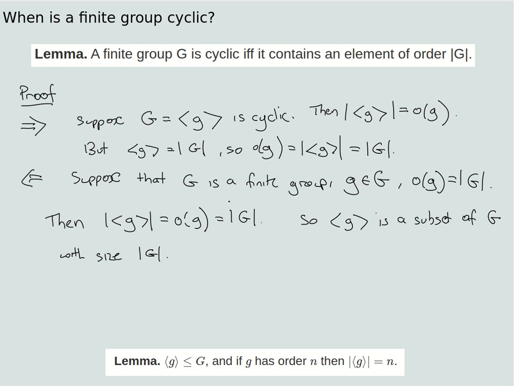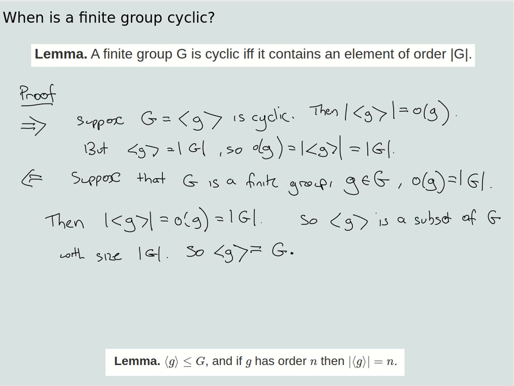If you have a finite set and a subset whose size is the same as the size of that finite set, well, that subset must be all of the set. So actually, in our case, the cyclic subgroup generated by g must be all of G. So this would not work if G was infinite, but it does work when G is finite.